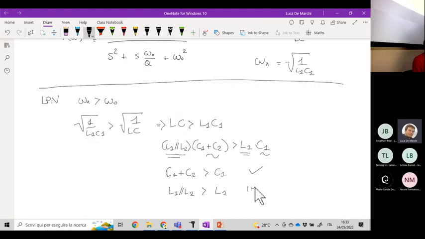This is impossible because anytime we have a parallel between two inductances, the resulting inductance is smaller than the smallest one. Pretty much like when we have a parallel between resistances, the resulting effect is a smaller resistance with respect to the two independent components. So R1 parallel to R2 is always smaller than R1 or R2.